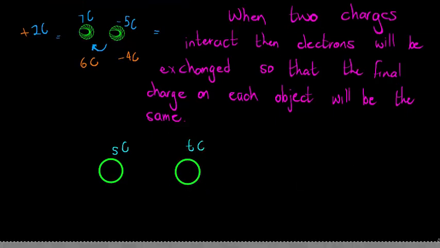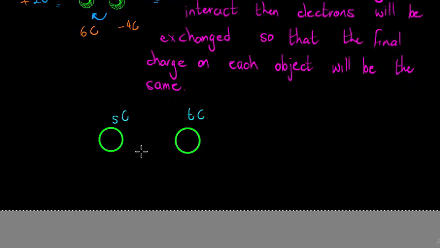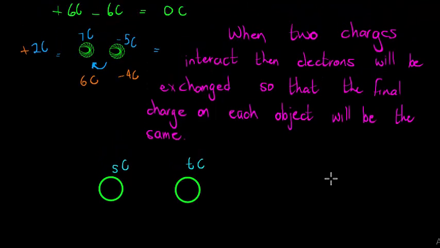So when these two touch each other, because they have different charges, the one might have a positive charge, the other one might have a negative charge, and as a result they will attract or repel one another. But after they have come into connection with one another, electrons will swap so that they will have the same charge afterwards.